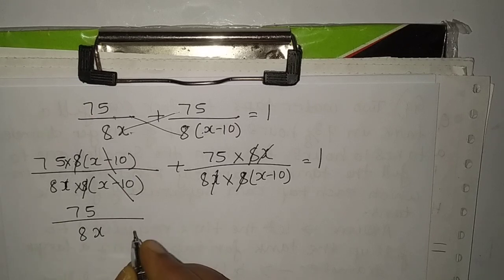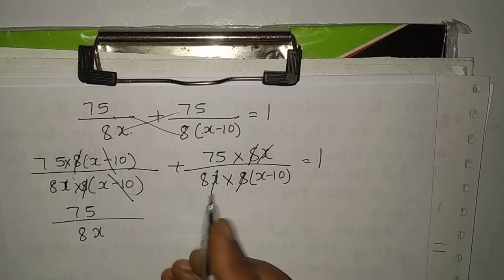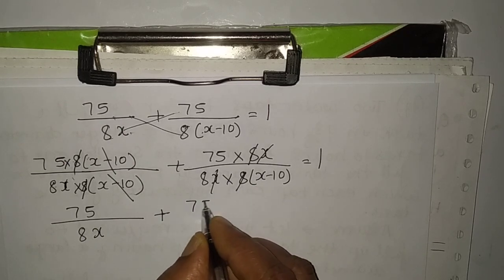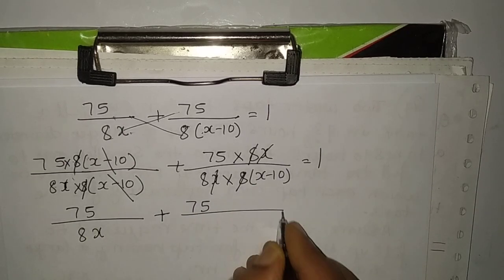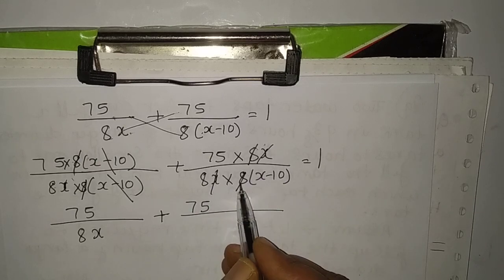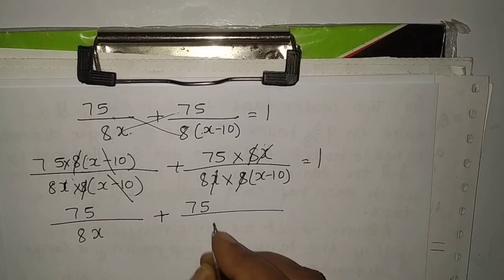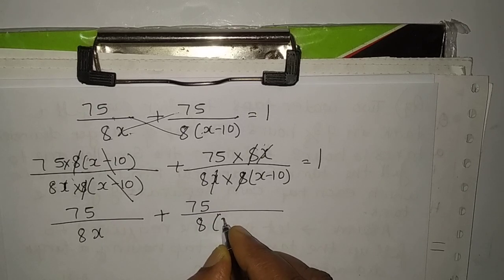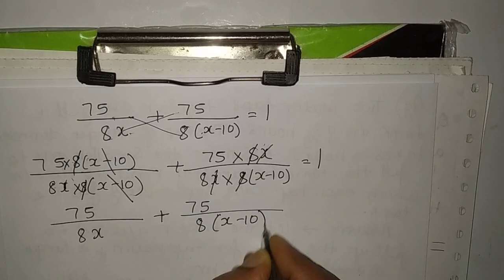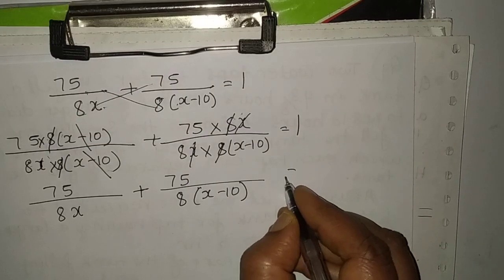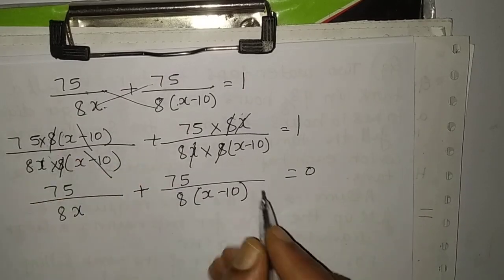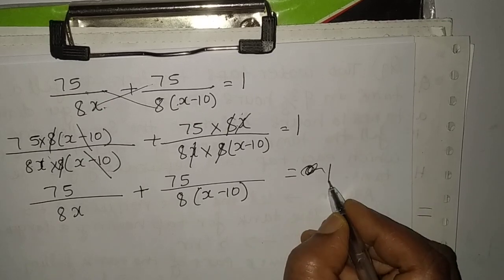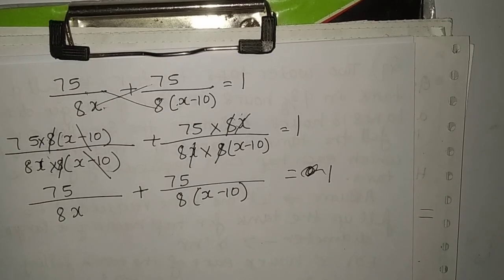It is complicated, we are just making it simple. This is the simplification. See, this cancels, this 8x cancels, the remaining part you write. So this is 1 equal to 1.